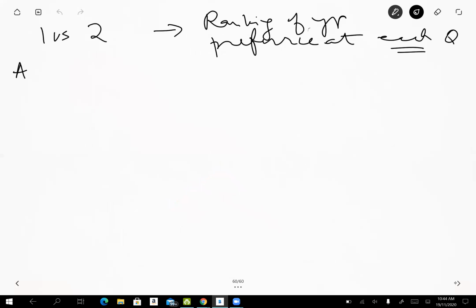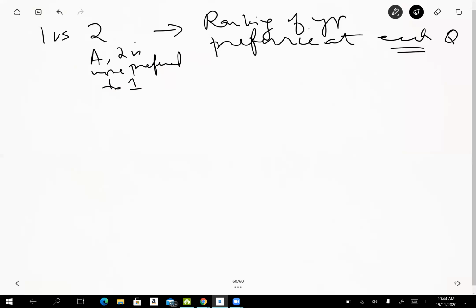So A votes for 2. Why? Because 2 is more preferred to 1: moderately preferred against least preferred.